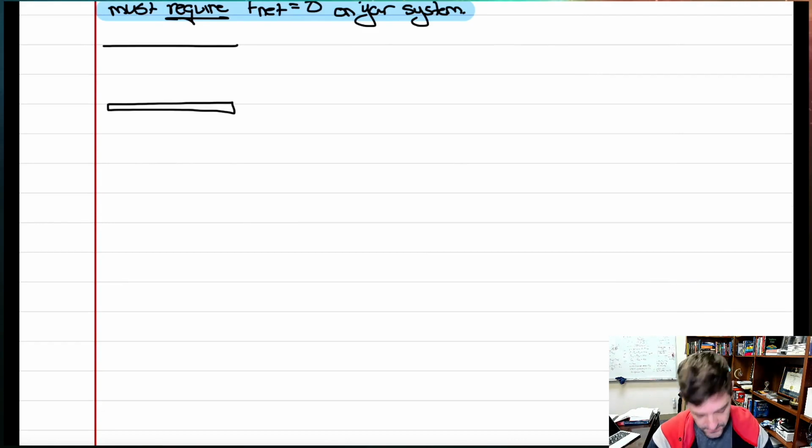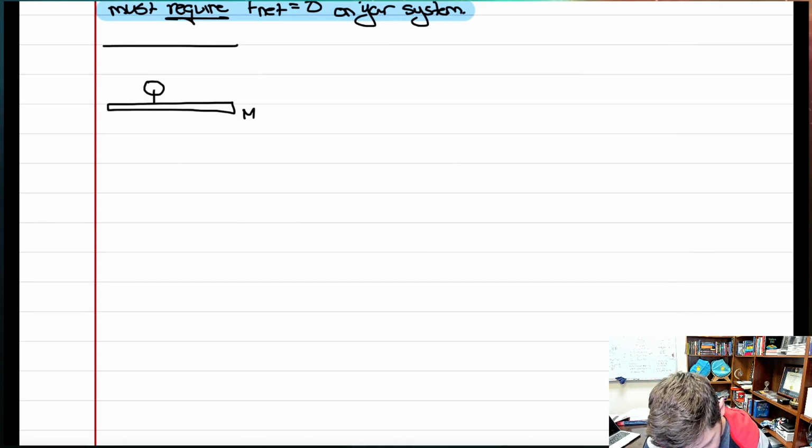Let's imagine that there is a platform of mass big M, and it is attached via a rod to a pulley. That pulley then has a rope that is attached to the ceiling, and you are pulling on the other end of the rope. You have mass little m.